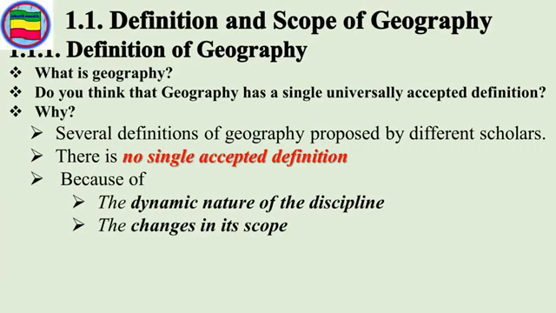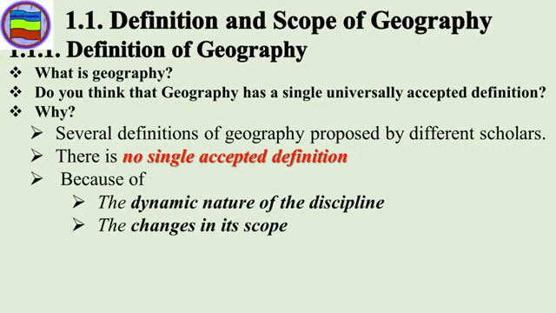In the 19th century, geography enhanced its role as a discipline, so there was a change in the scope or coverage of the study. In the late 20th century, geography became a spatial science. Based on this, there is a change in its scope. So this is the second reason.